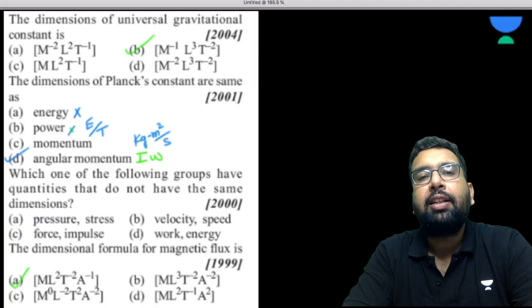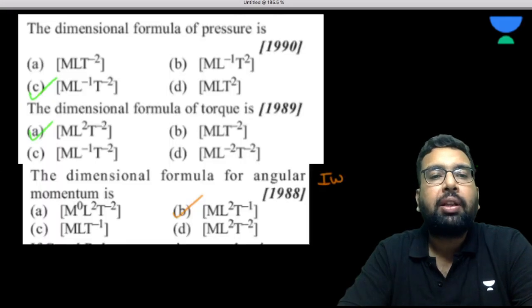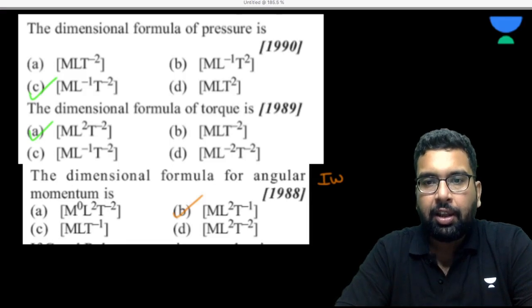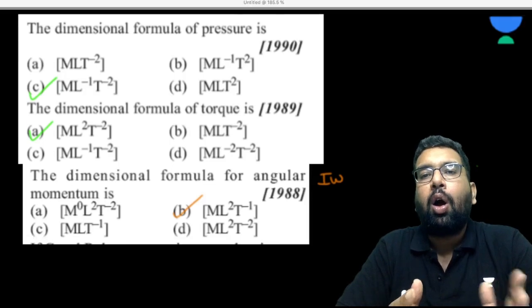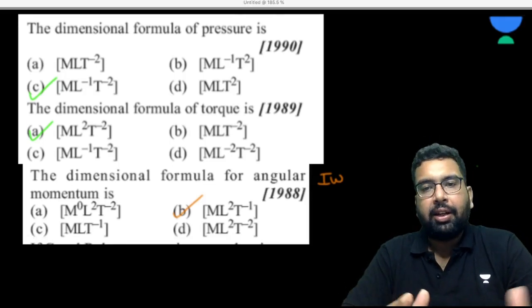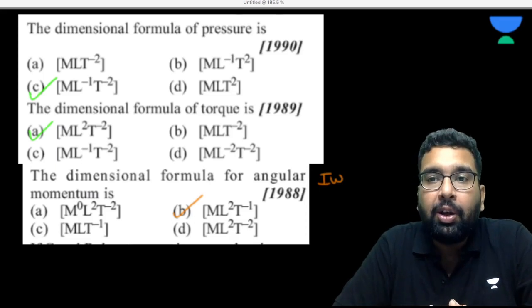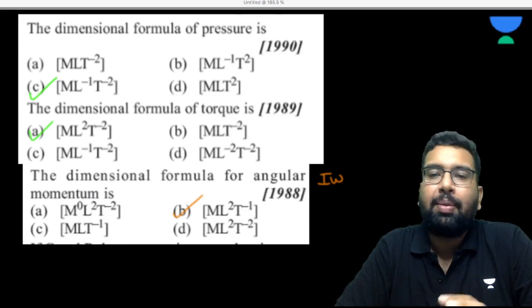In this session we have solved 16 PYQs, previous year NEET questions. From this session you must get an understanding of how questions are asked in the NEET examination from this particular section of the chapter, that is units and measurement.